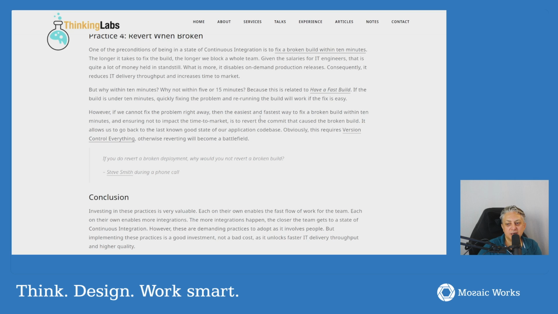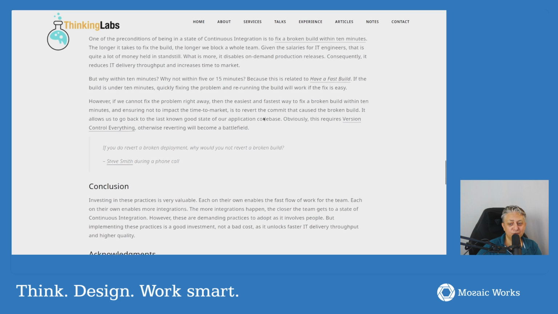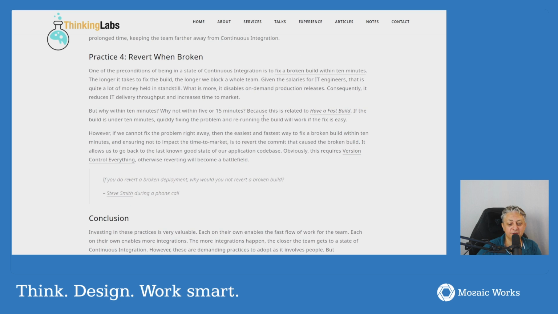Because this is related to having a fast build. If the build is under 10 minutes, quickly fixing the problem and rerunning the build will work if the fix is easy. Honestly, for some languages, building fast is not that easy. So I agree with the principle. It's a good principle.